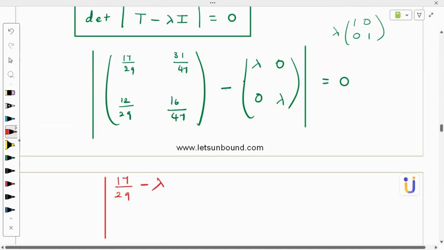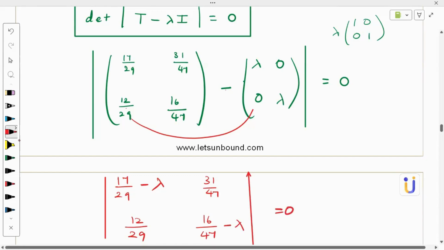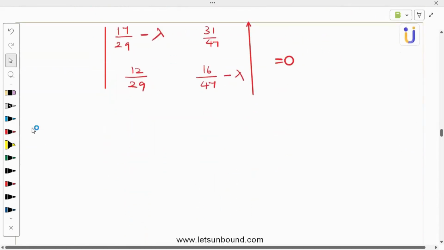Then 12 by 29, the corresponding element is 0, so it doesn't affect. Then 31 by 47, the corresponding element is 0, so we are not changing it. And 16 by 47 minus lambda equals 0.